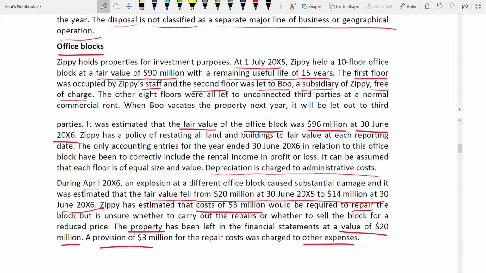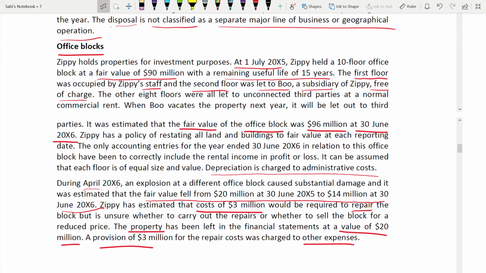Any reason for using 0.2? The reason is it is a proportion. How many floors are there? 10 floors. How many floors are taken as PPE? Only 2 floors out of 10, because we have been told the first 2 floors are not considered investment property. They are classified as PPE. So only for those floors which are PPE do you have to find depreciation.